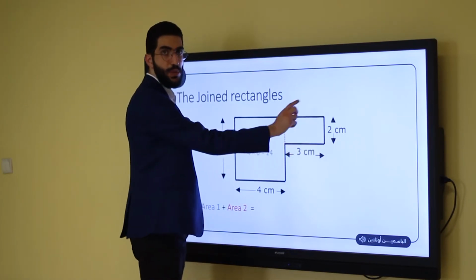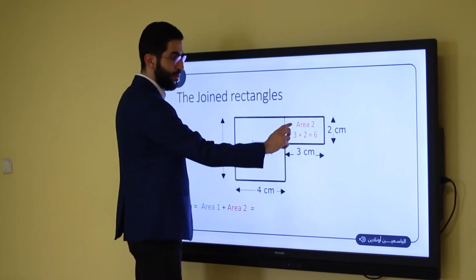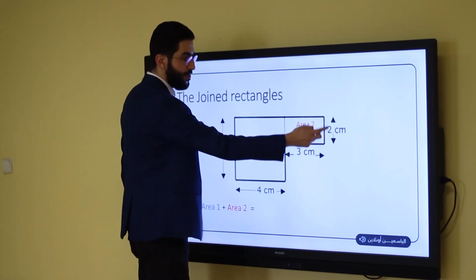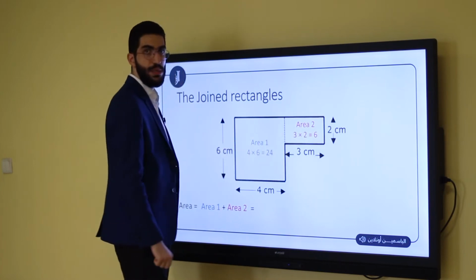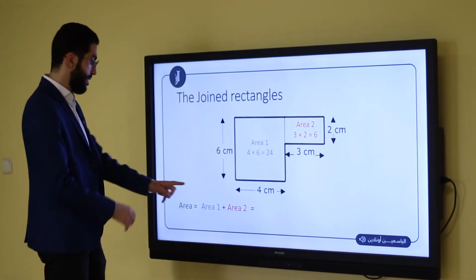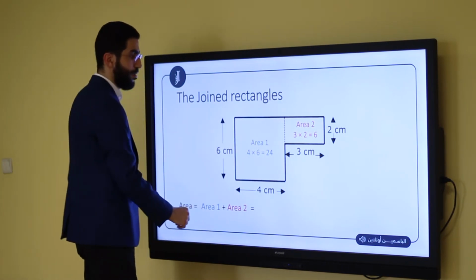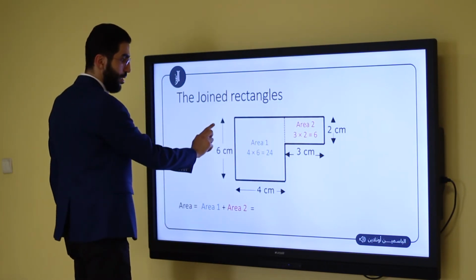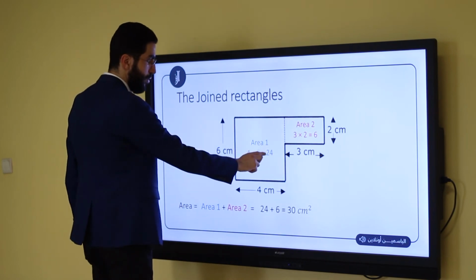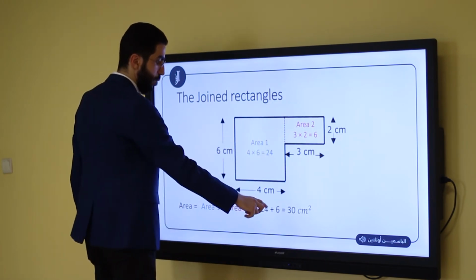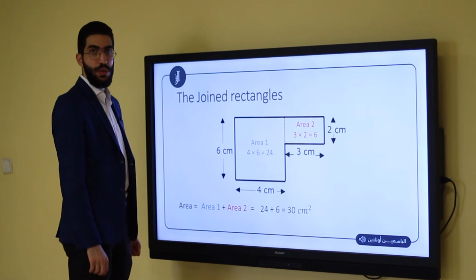Length times width. So area 2 is equal to 3 times 2, which is equal to 6. So now what we need to do, as we said, area 1 plus area 2, because we have 2 shapes. But in total they are 1. So we add 24 plus 6 equal to 30 centimeters square.